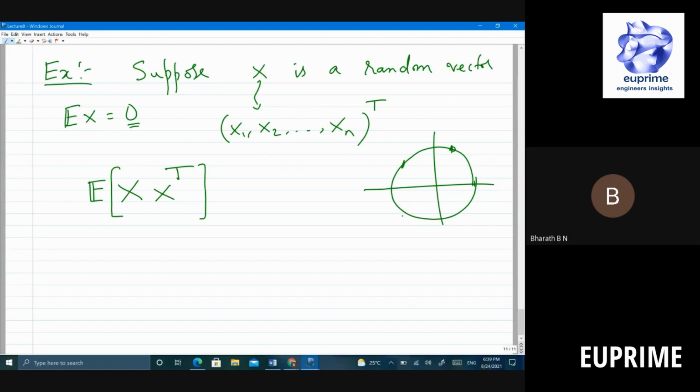Can somebody tell me what is the answer? What is this called? There's a name. This is called the covariance matrix.